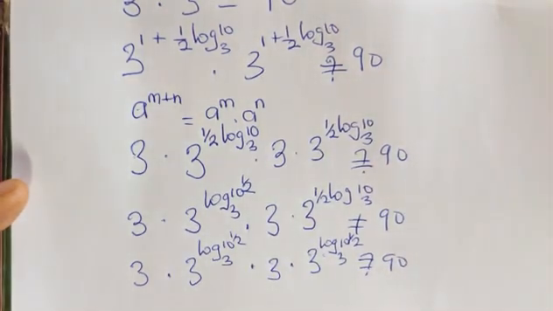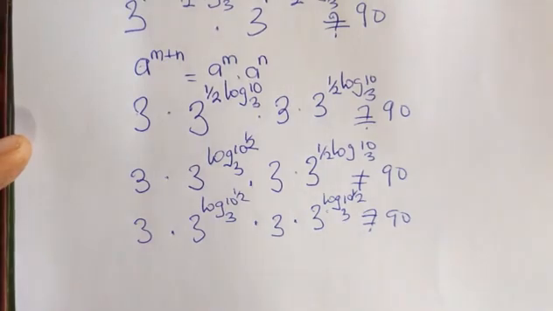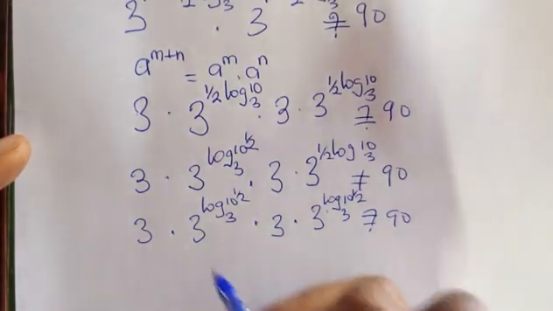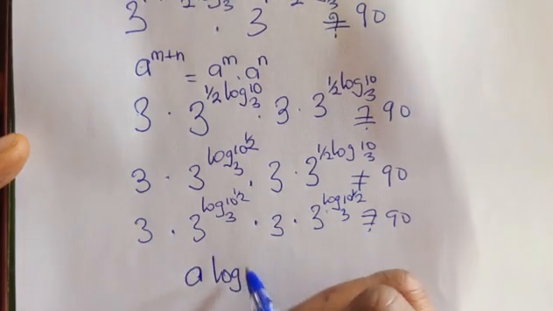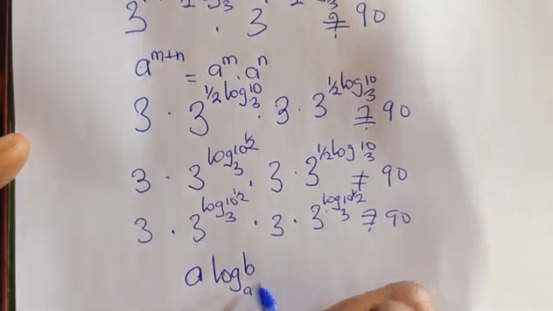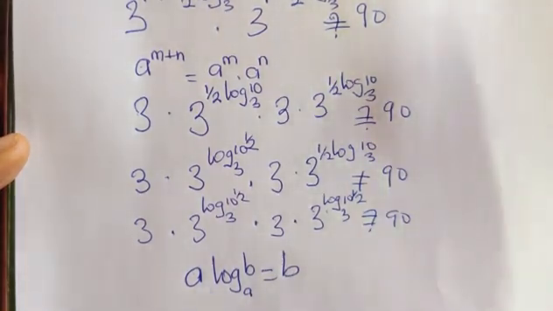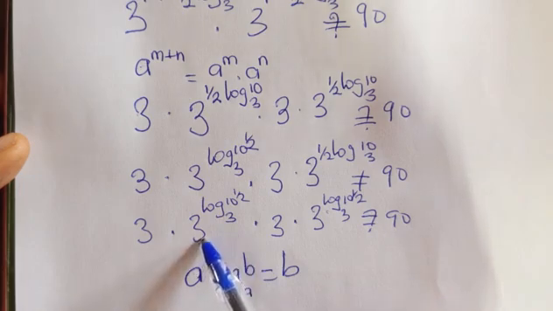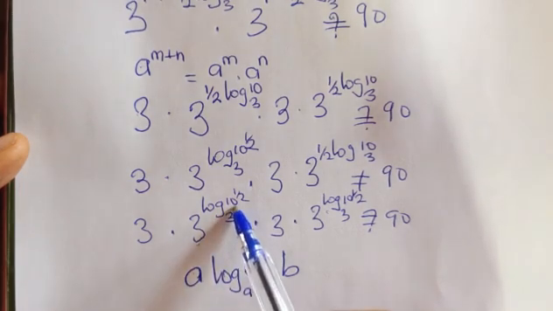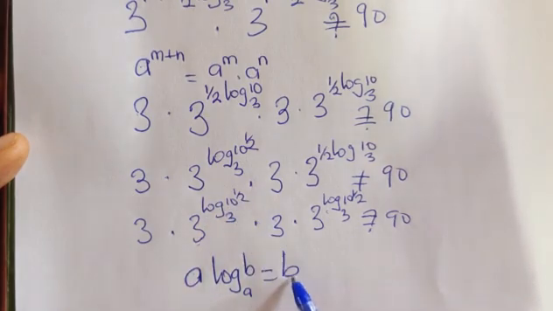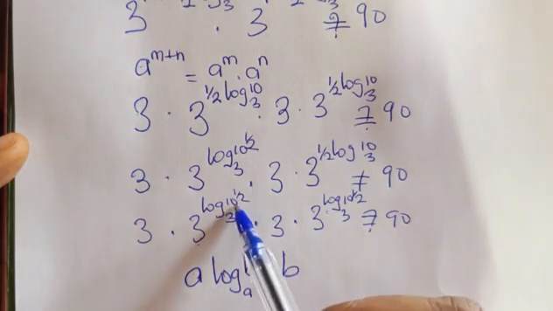Now we are going to use this law of indices: a raised to power log b to base a equals b. Now this is a. We have 3 here and we have 3 here. The 3 is the a, and this 10 raised to power 1 over 2 is the b. So the final answer using this law will be b. So it's going to give us 10 raised to power 1 over 2.